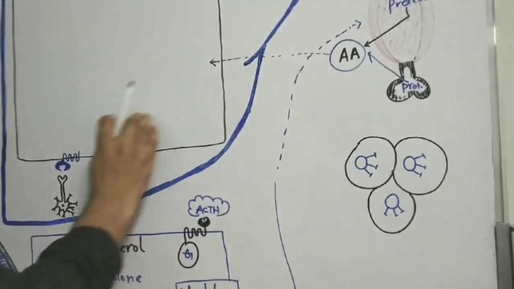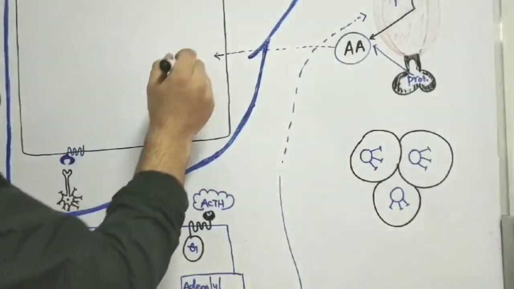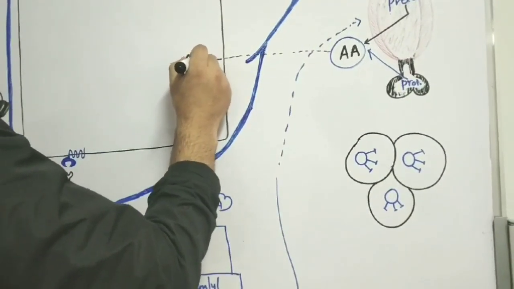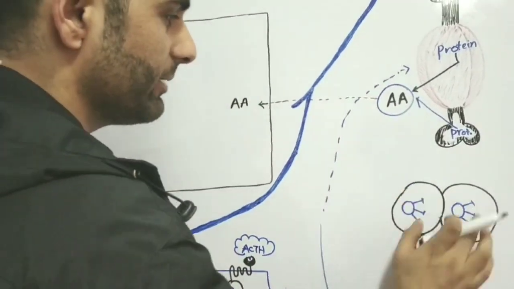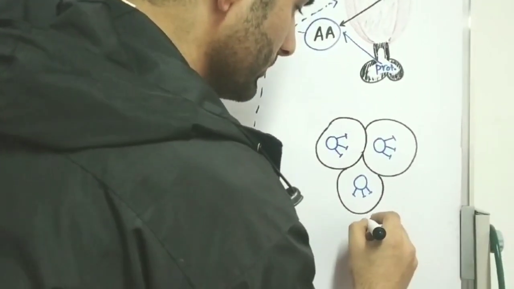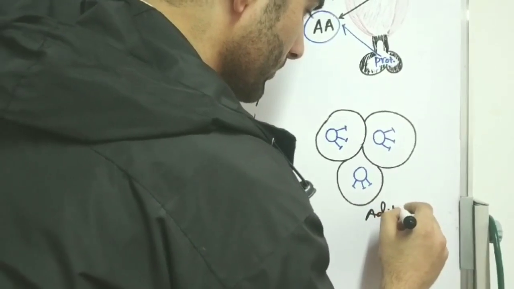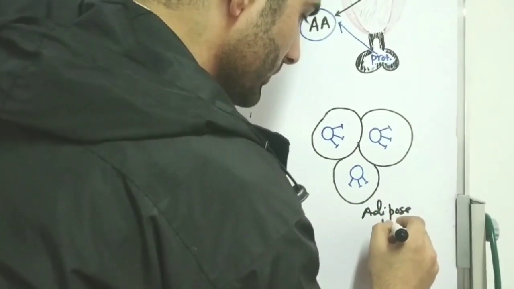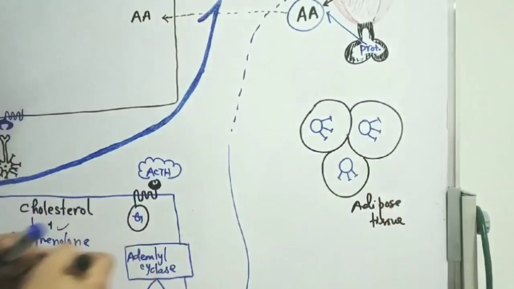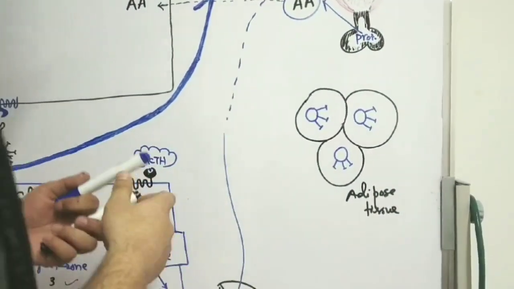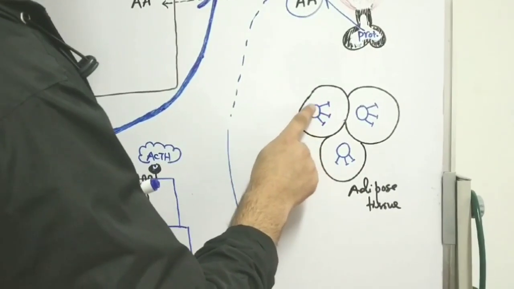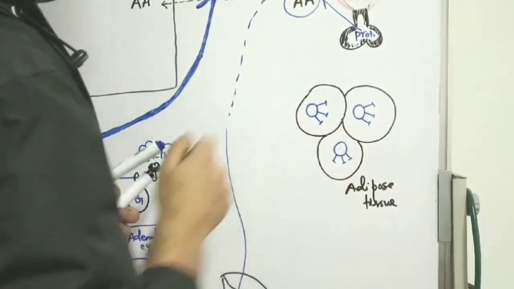It's the hepatocyte of a liver. Here is your amino acid now. This is the adipose tissue here, or adipocytes. In the adipocytes there are triglycerides. Here I have shown one triglyceride molecule, here one, here one.